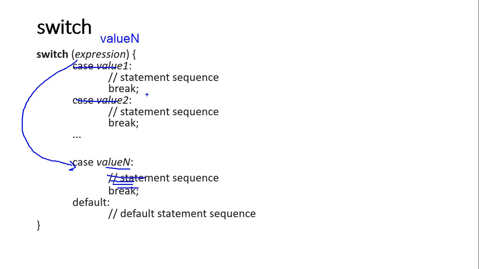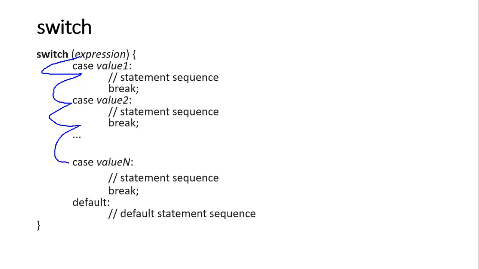So this is the idea of multi-way selection. You can have multiple options and you can select one among them based on the value of the expression.